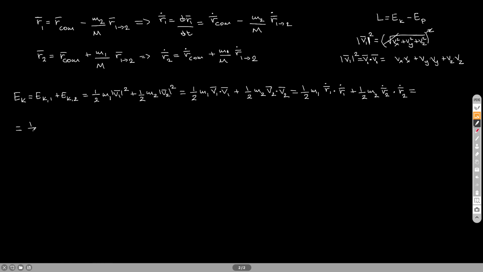So I have 1/2 m1. Now for r1 I'm gonna take this, so it will be r dot of the center of mass minus m2 over M times the time derivative of the relative position from 1 to 2. This is going to be dot product with the same thing, because I have r1 dot product with r1 dot.